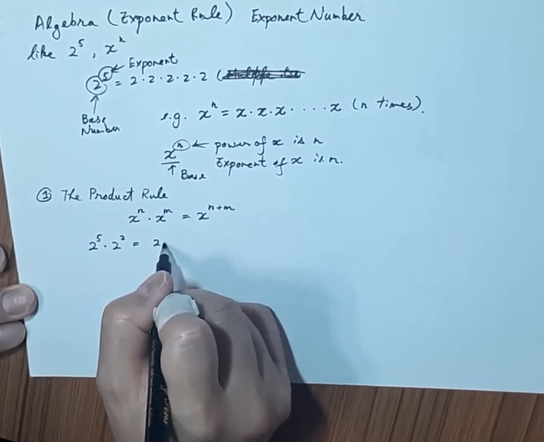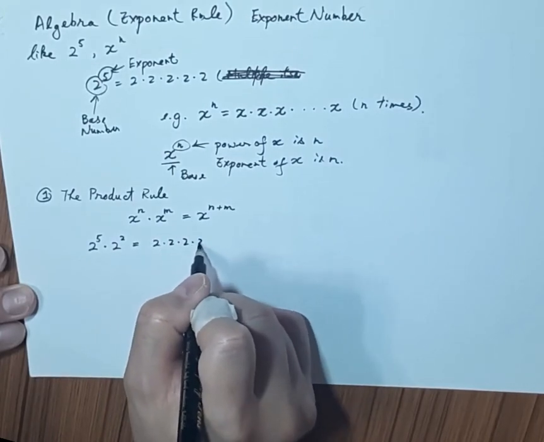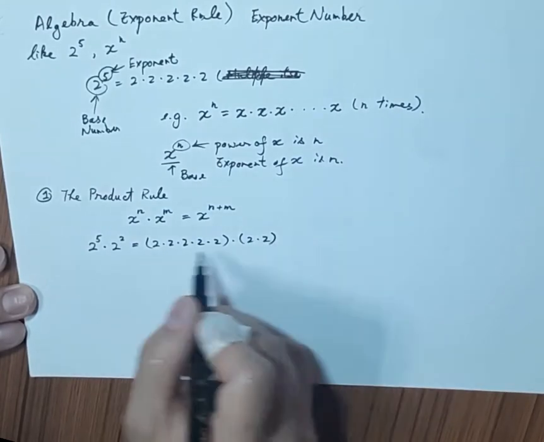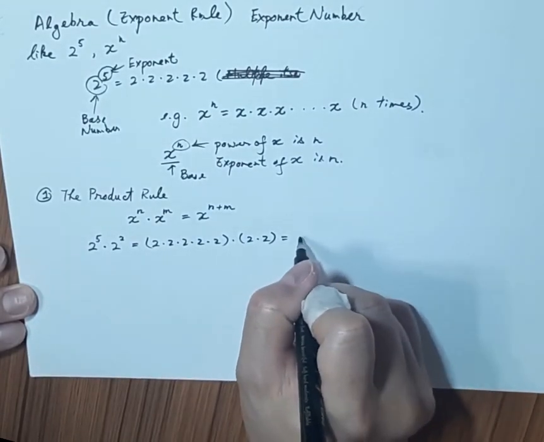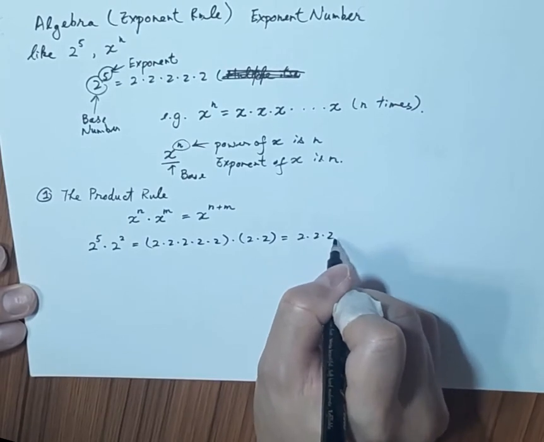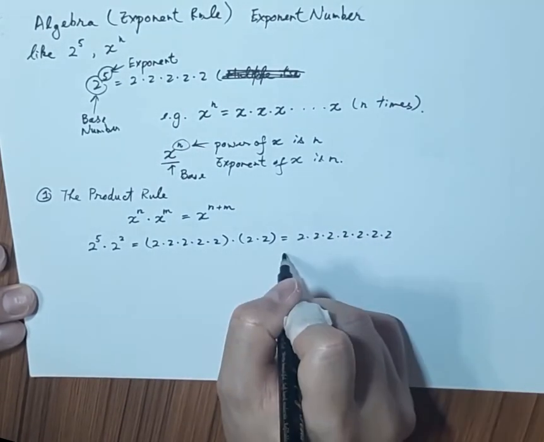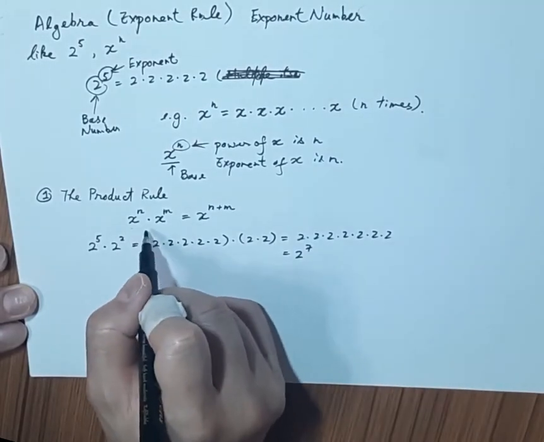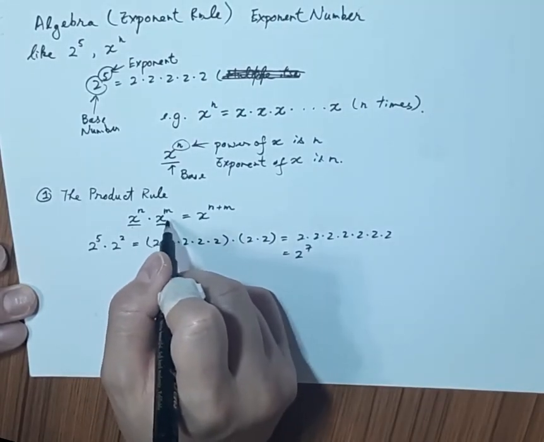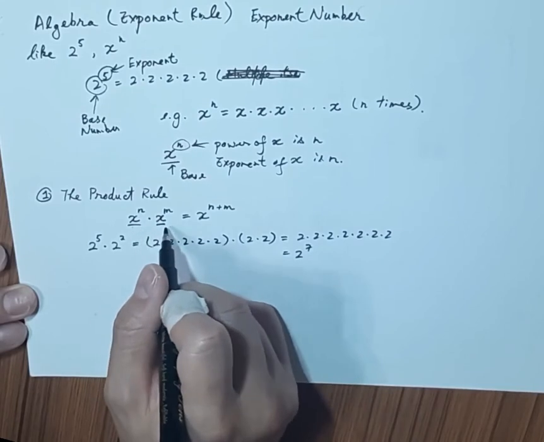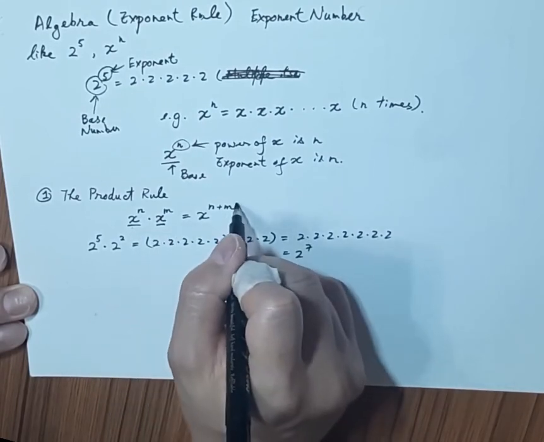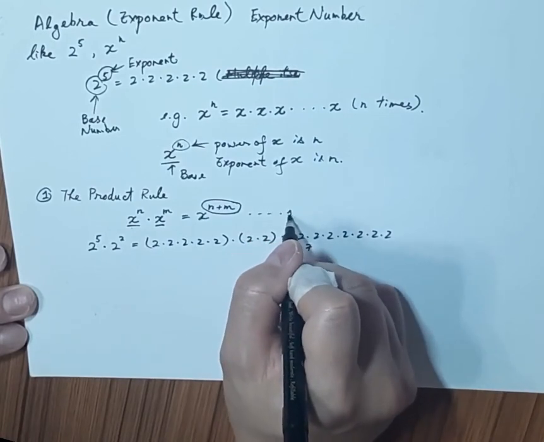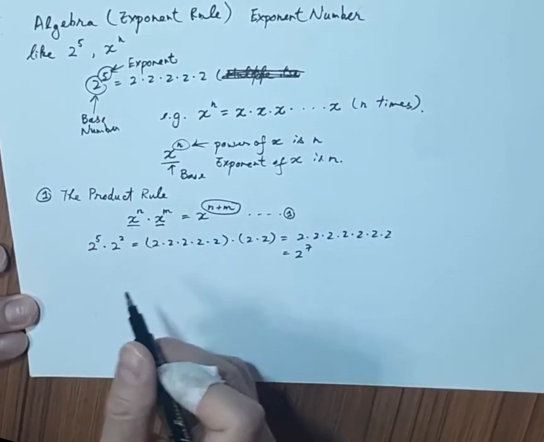It means 2 multiplied by itself 5 times and multiplied by 2 by 2 times. All together we have 2 multiplied by itself 7 times, so it's equal to 2 to the power of 7. In this rule, we know that when we multiply two exponential numbers with the same base number, we can add the power numbers together. This comes up with the first rule of exponentials. We call it the product rule.